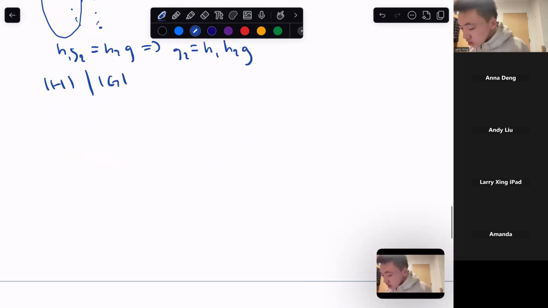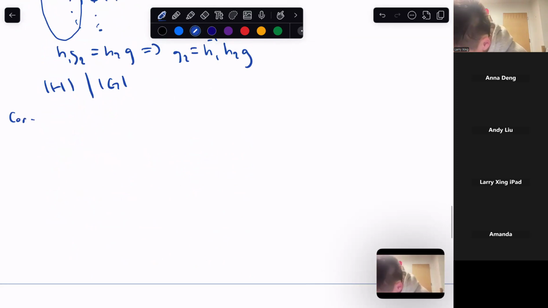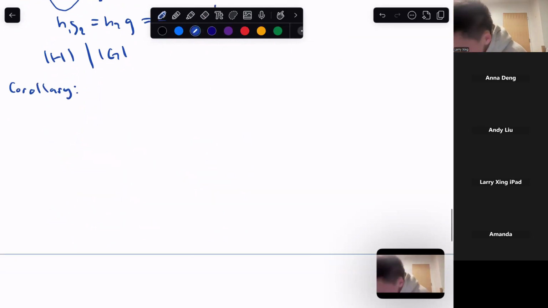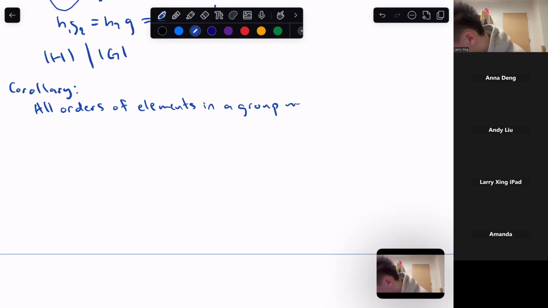Okay. So a nice corollary of this is that all orders of elements in a group must divide the group's order.